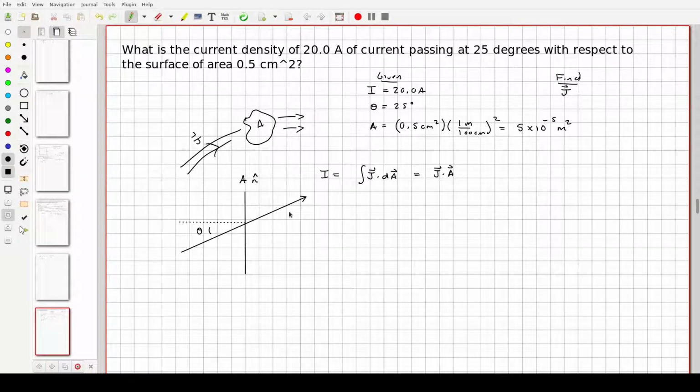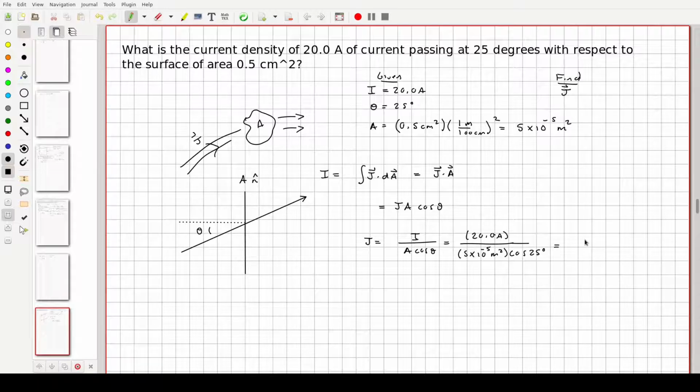Now, again, when you do this dot product, you get J times A times cosine of theta, and J and A are both magnitudes. So my current density here is going to be I divided by A times cosine of theta. And that would be 20.0 amps divided by 5 times 10 to the minus fifth square meters times cosine of 25 degrees.